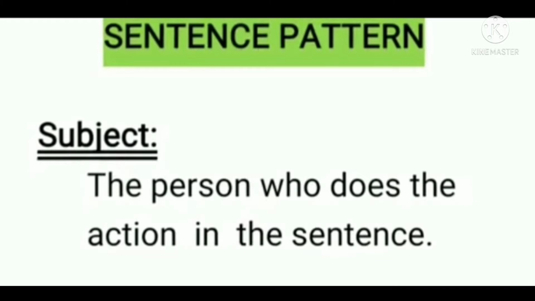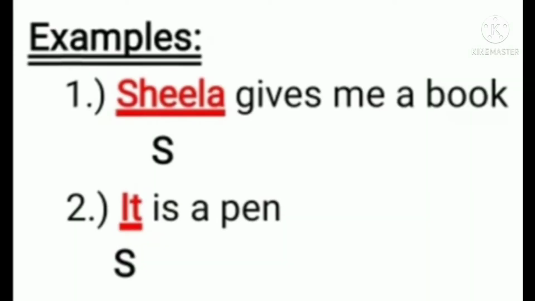The first component of a sentence is the subject. It specifies the person who does the action in the sentence, or it specifies the thing in the sentence. So look at these examples. First example, Sheila gives me a book.